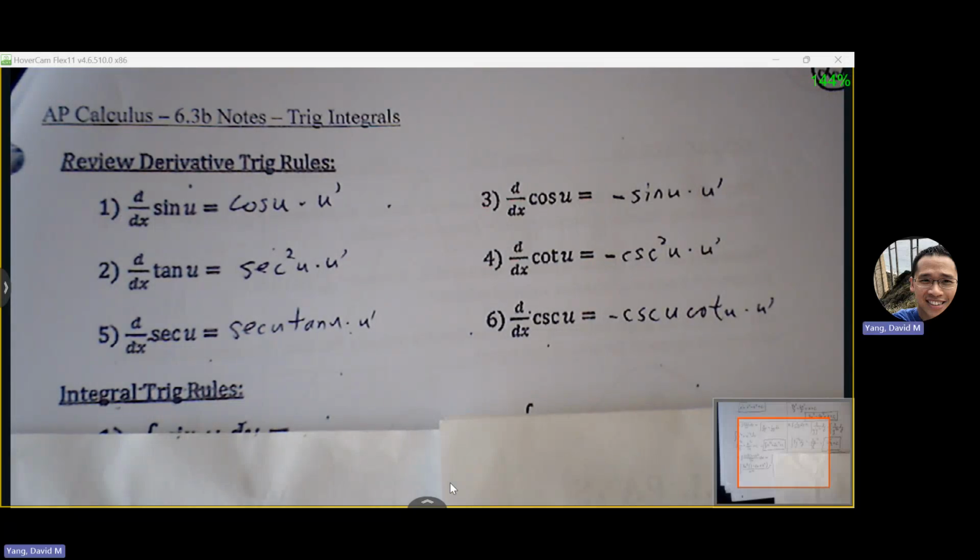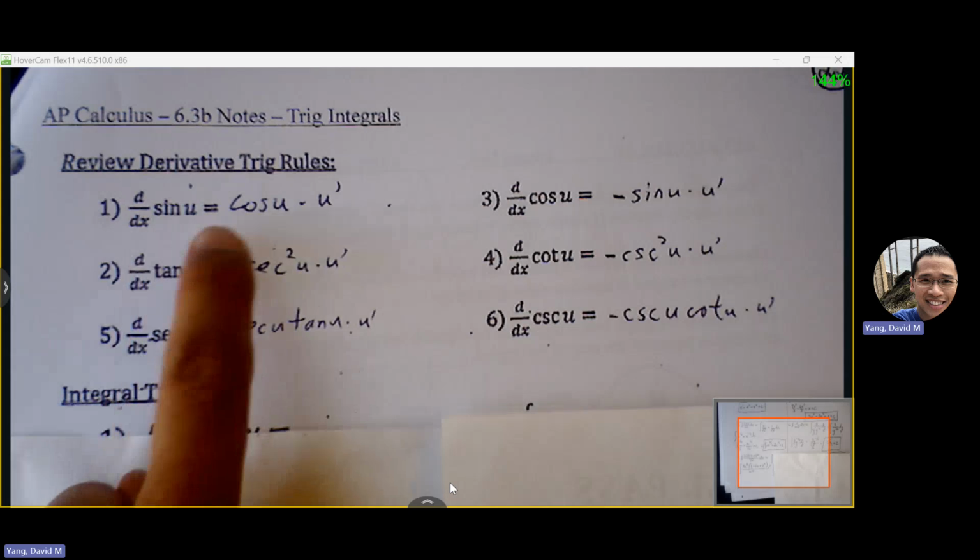Okay. So I want to convince you that if you know these rules, there's no need to memorize the integral trig rules. Having said that, we do have some additional ones that are log related that we will come back to. But the original 6 integral trig rules, we should not have to memorize them. I don't have them memorized.